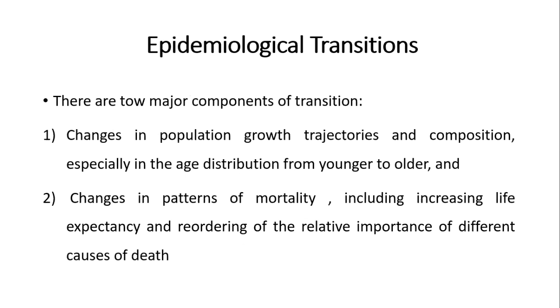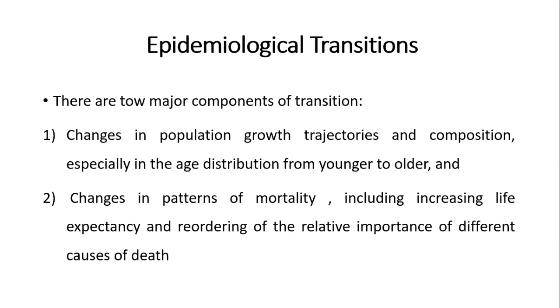The first component is changes in population growth trajectory and composition, especially in terms of age distribution from younger to older, and changes in patterns of mortality, including increasing life expectancy and reordering of the relative importance of different causes of health. So first, this epidemiological transition is because of population growth over time.